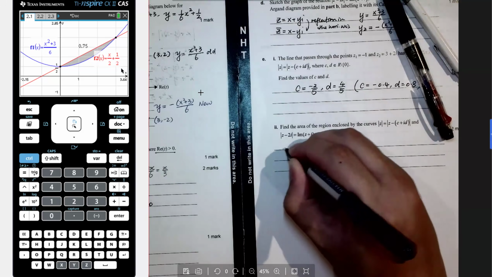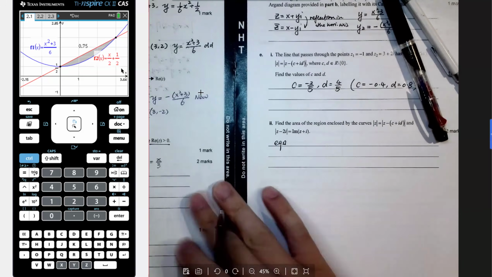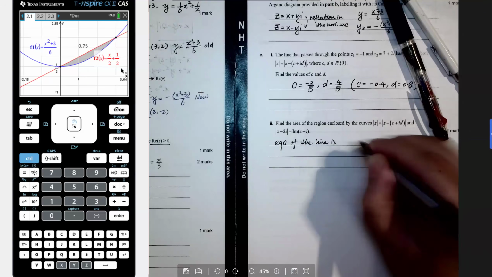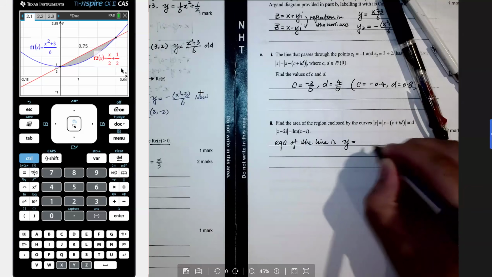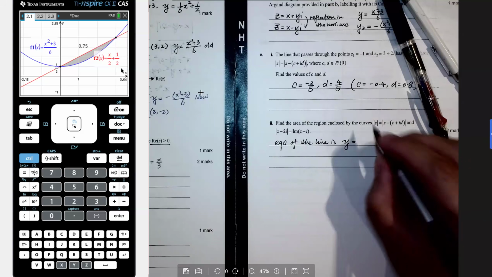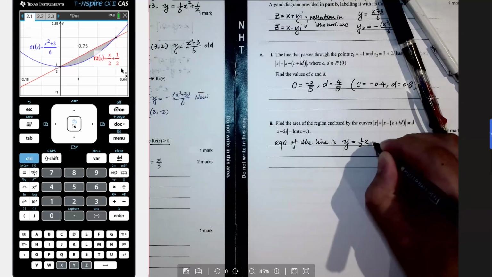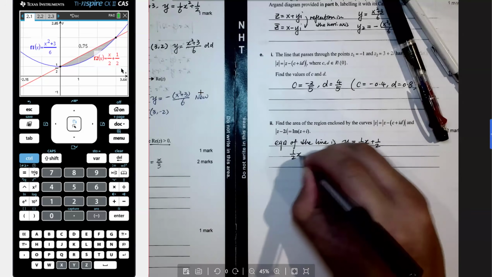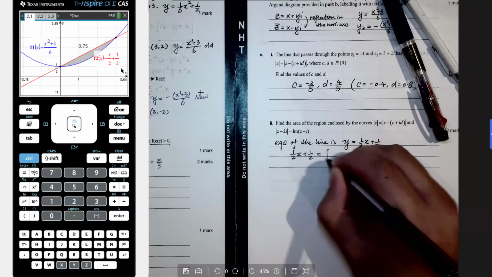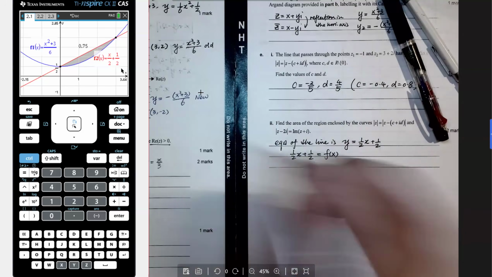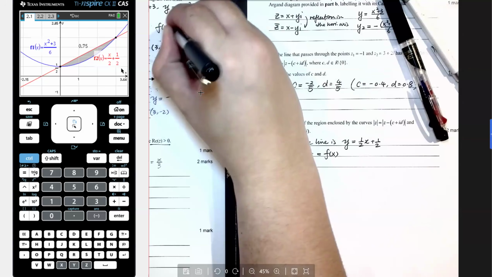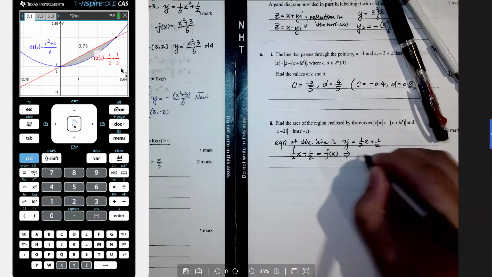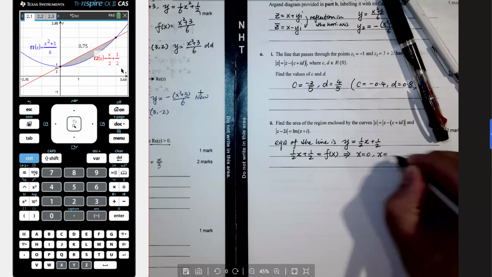So let's say the equation of the line is y equals half x plus half, something like that. So half x plus half equals f of x. I'll say f of x equals (x squared plus 3) on 6 gives me x equals 0 and x equals 3.